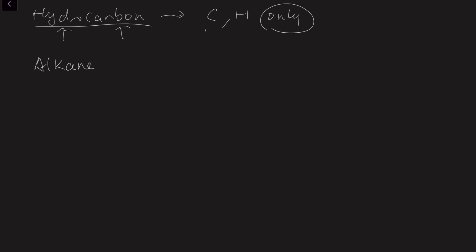And remember this ane suffix, because from this we can actually tell whether it's single bond, double bond, or triple bond. The alkane family are hydrocarbons with only carbon-to-carbon single bonds, and they are saturated molecules.